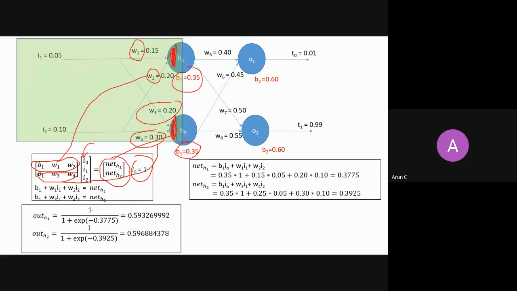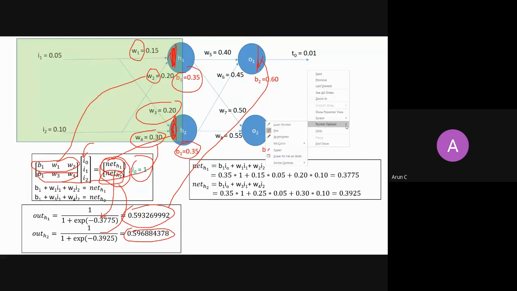You take your net H1 and feed it to the sigmoid function, and net H2 as well. You get two numbers, Z1 and Z2. I hope everything is making sense to you. So you will get this one, 0.599 here. Oh, sorry, just a minute. It is a two-layer network.